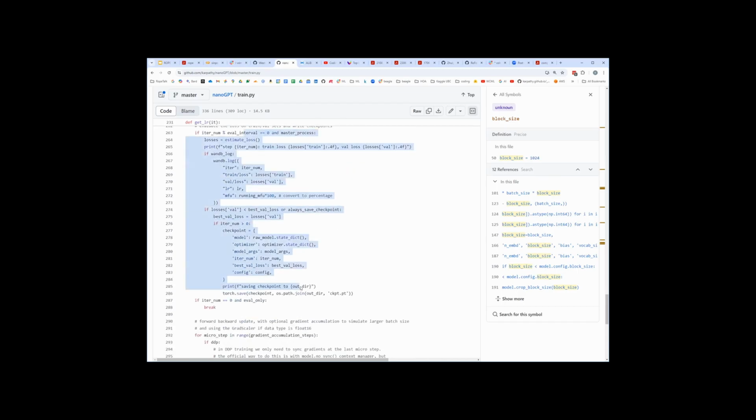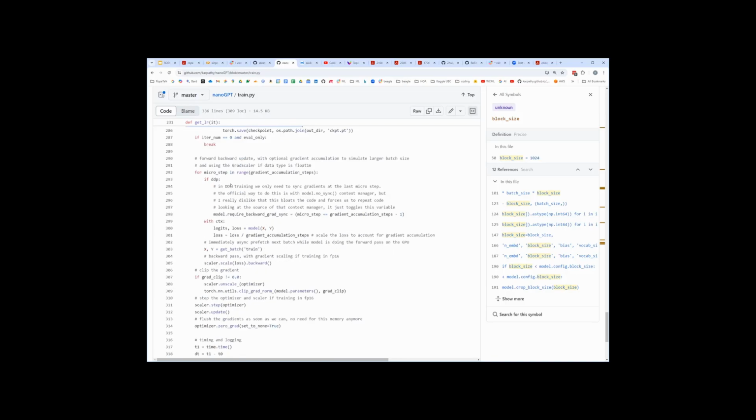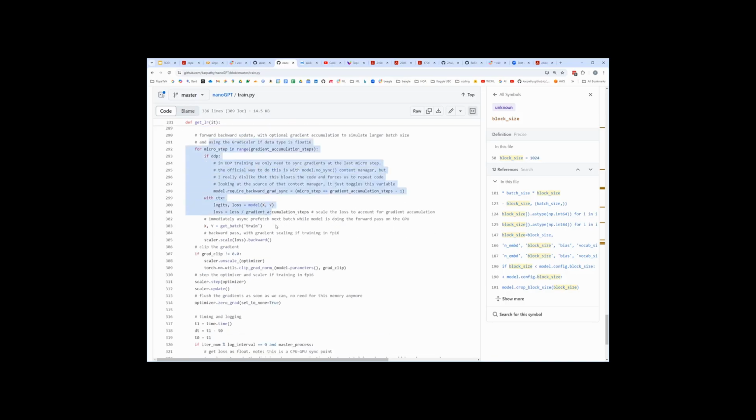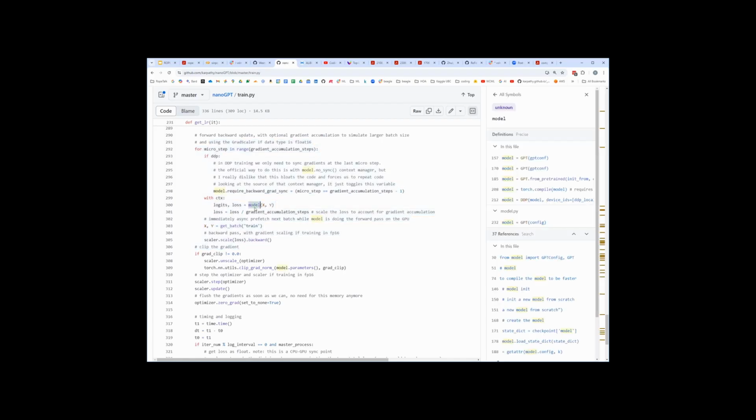Here's the loop going through the training data, get the learning rate. This is where you evaluate it. So microstep is basically, here's where you're running the model forward to generate the logits and the loss. And then you're doing your backward propagation of the gradients.